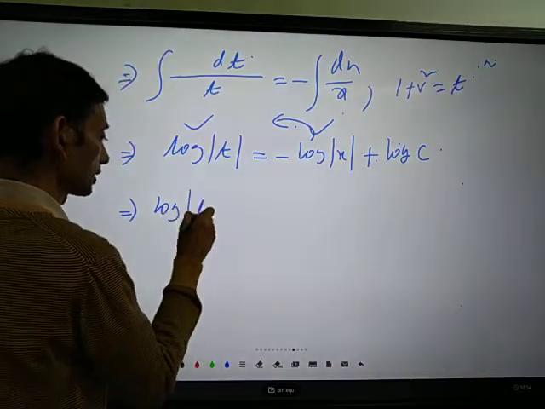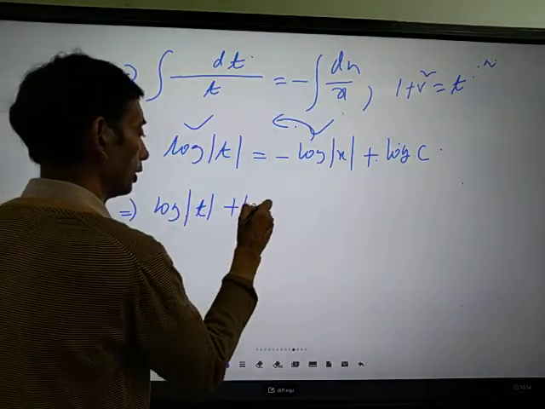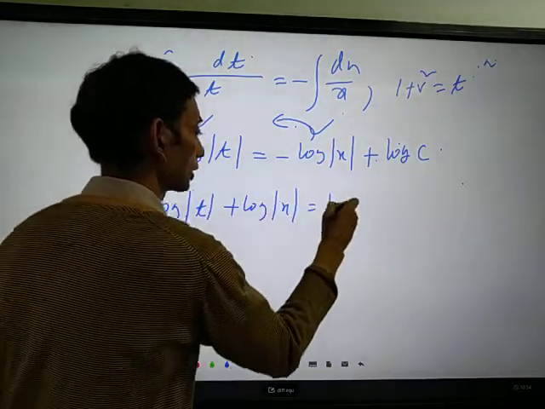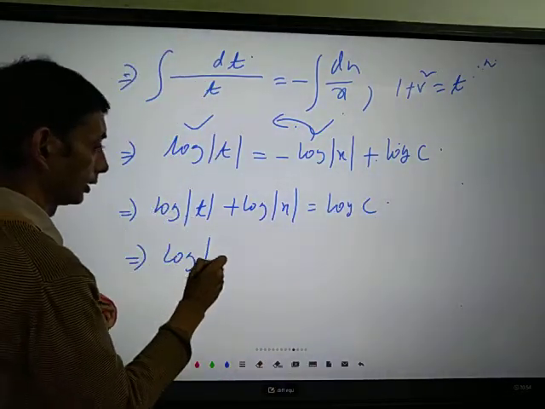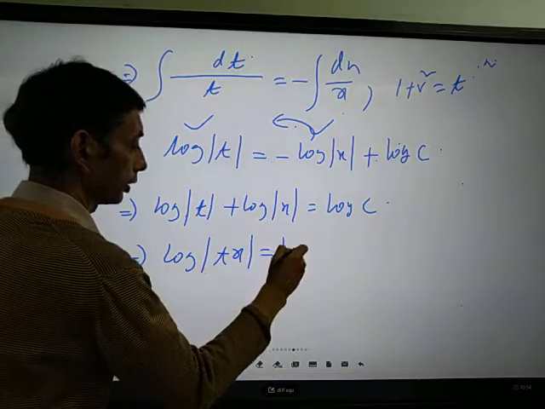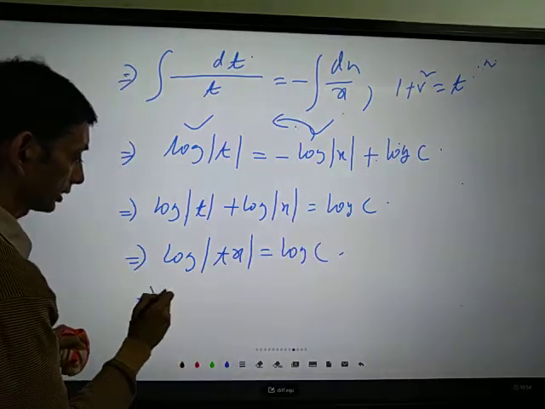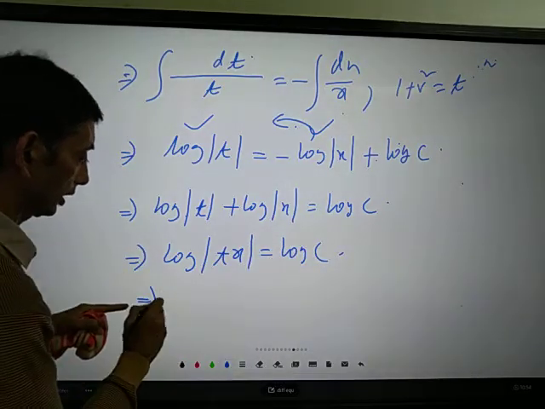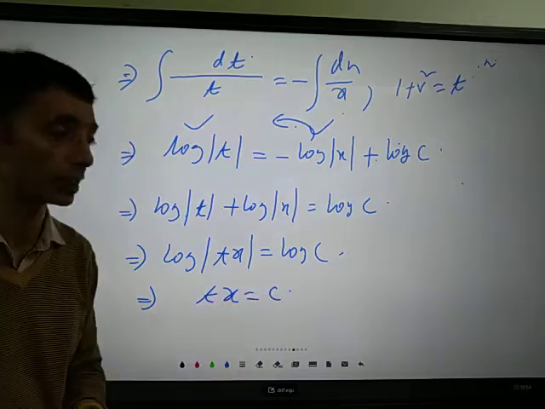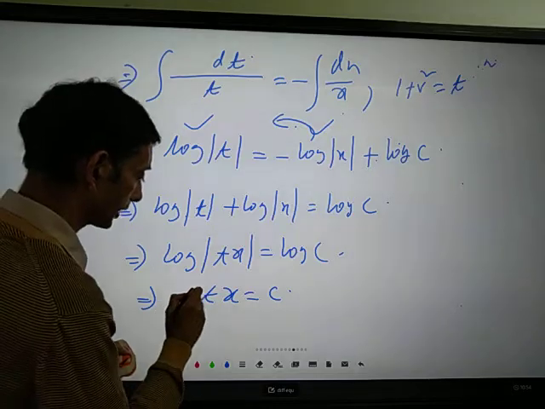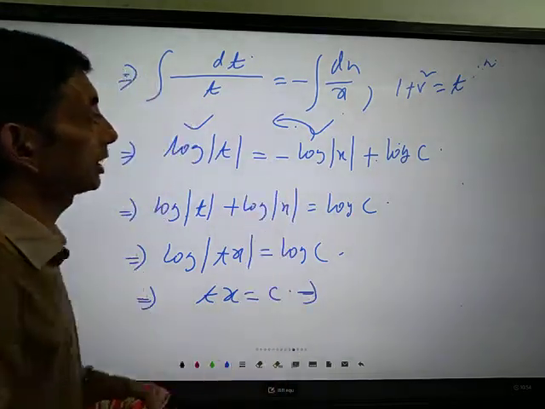If you transpose, log t plus log mod x equals log c. If we simplify, log tx equals log c, so that gives us tx equals c.